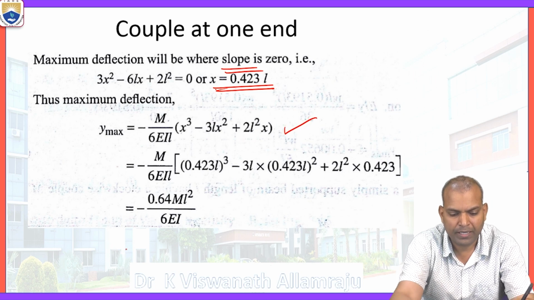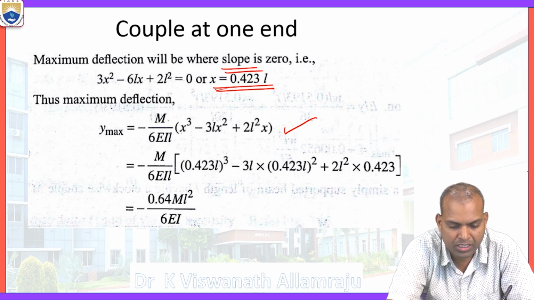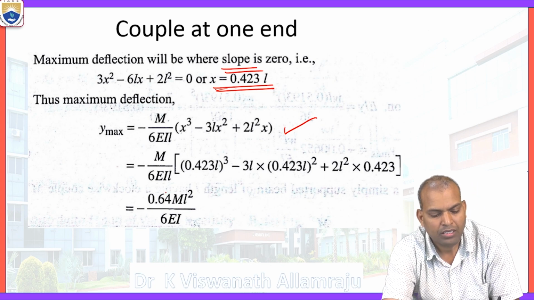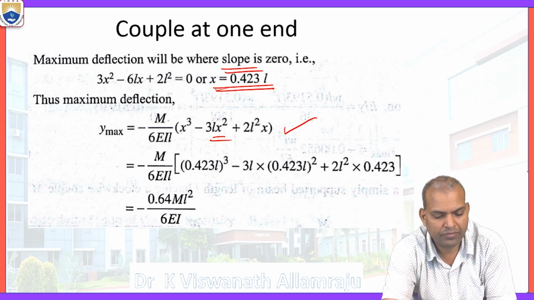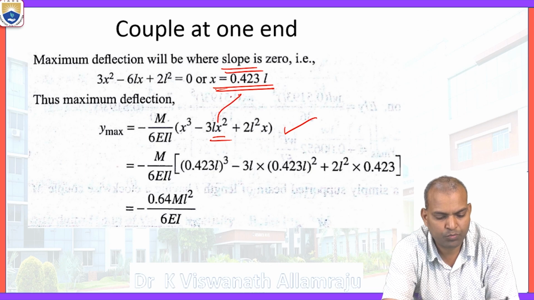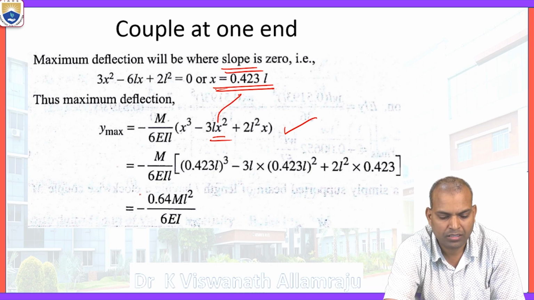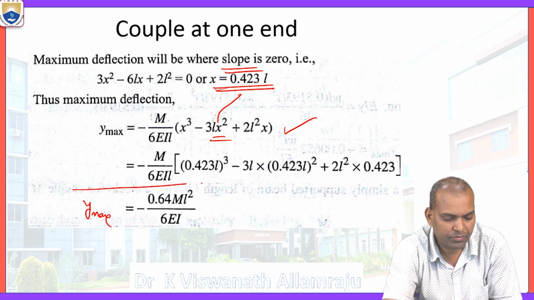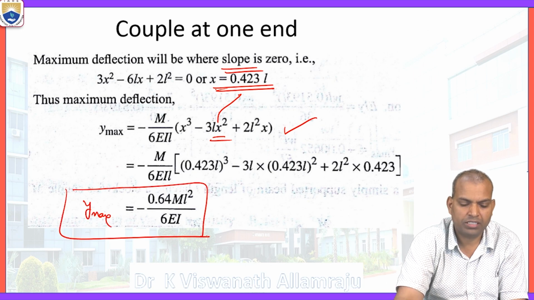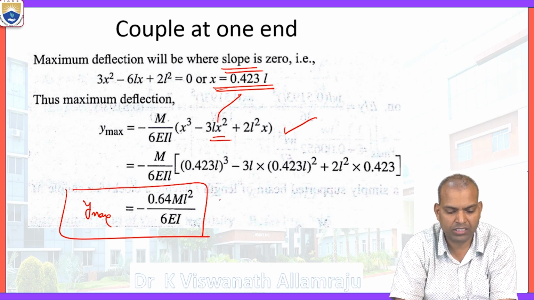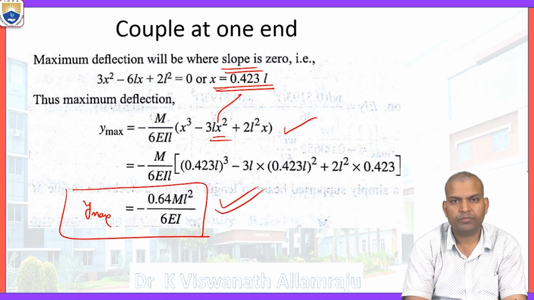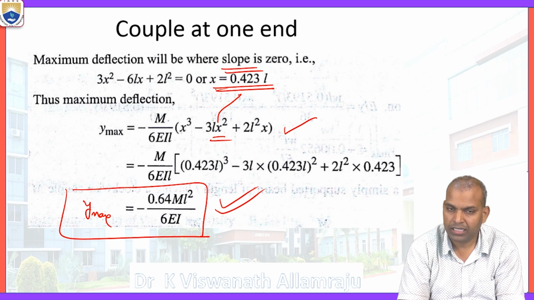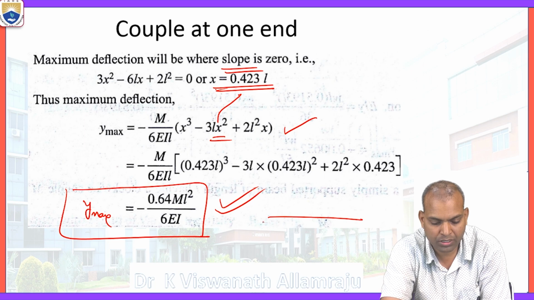After substituting the x value, 0.423l, the y maximum is obtained as minus 0.664 ml square by 6EI. This is the maximum deflection for the case of couple at one end of a cantilever simply supported beam.